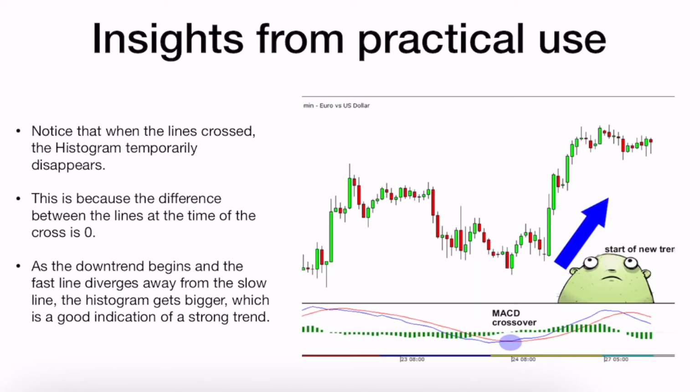So what are the insights that you can get from these things? Notice that when the lines cross, the histogram disappears for a while. As you can see here, this is because at this point the averages are almost the same and the difference would be 0. As a downtrend begins, the fast line diverges away from the slow line and the histogram gets bigger, which is a good indication of a strong trend.